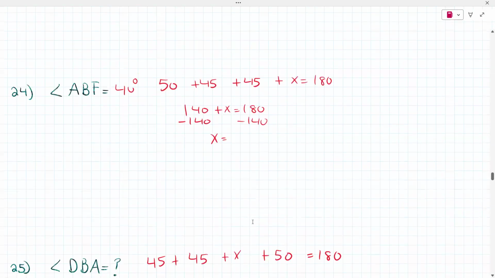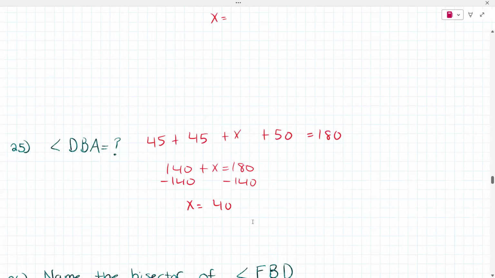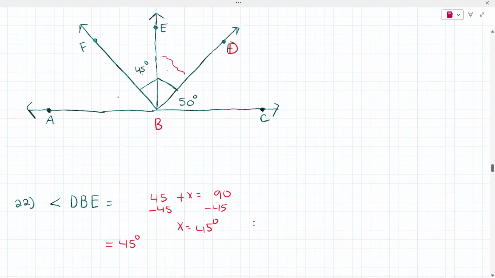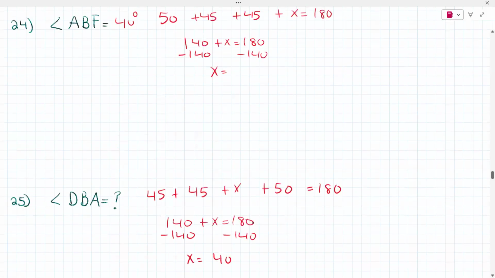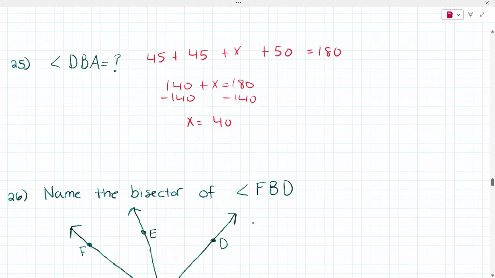We needed to do that one because now we have 40 degrees, which is angle ABF. So we want to find out angle DBA, this entire angle right here. We know that this is 45, this is 45, and then this is 40. So angle DBA is going to be 45 plus 45 plus 40, which gives you 130 degrees.